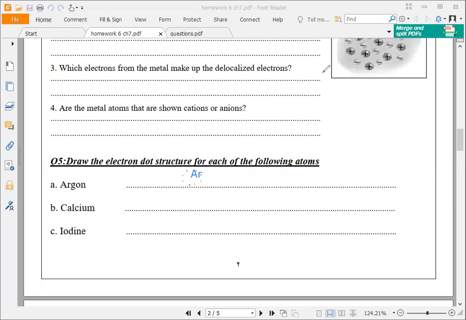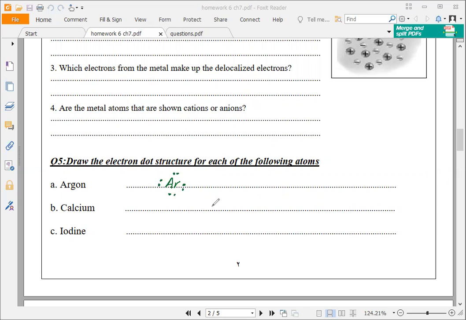This is number 1. It's very big. Let me write it here. Argon: 1 dot, 2, 3, 4, 5, 6, 7, 8.